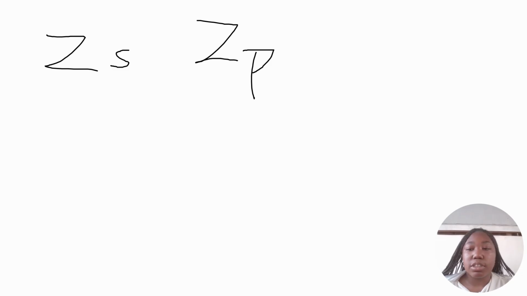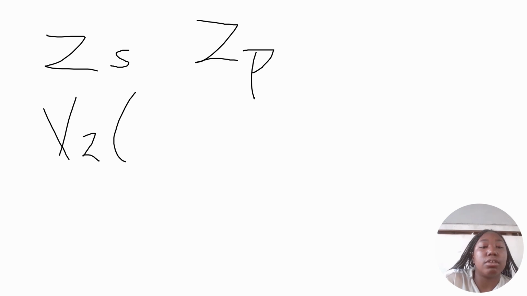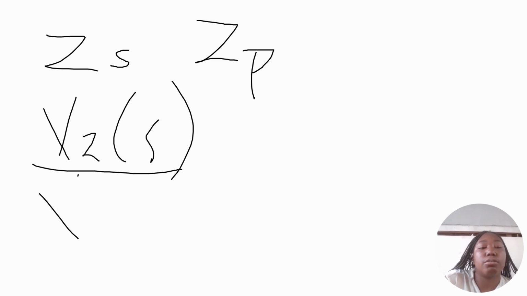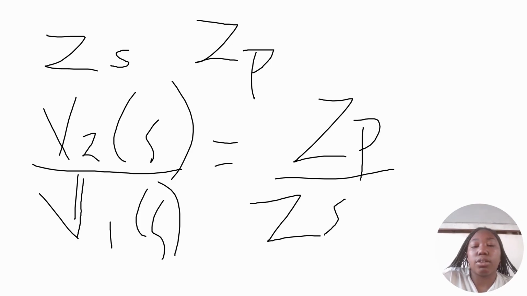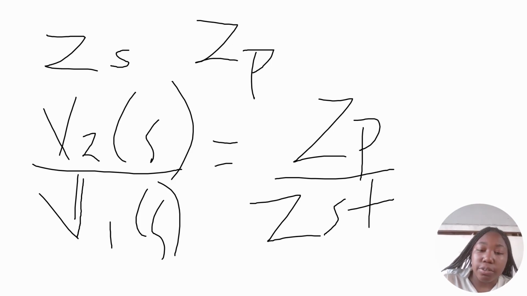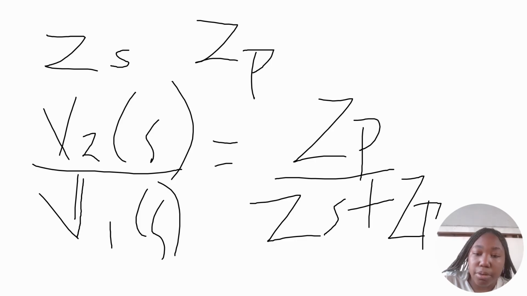Now, because the output voltage is also taken across the parallel branch, we treat that branch as the output portion of the divider. So the voltage divider will become V2 is equal to the parallel impedance over the addition of the series impedance plus the parallel impedance.